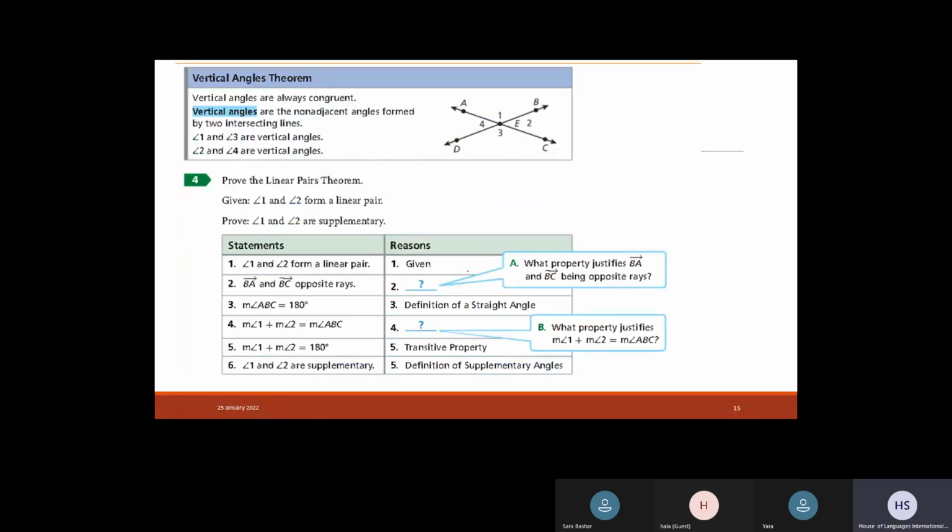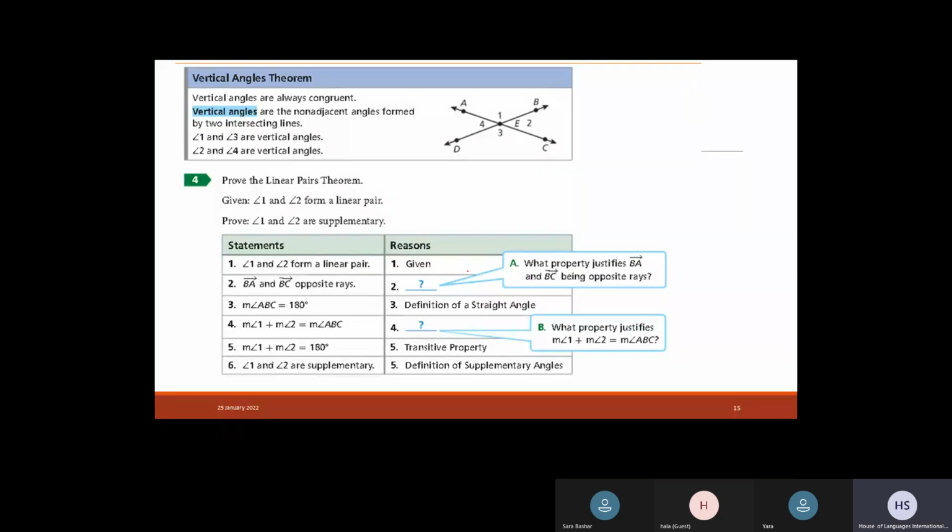Let's now revise the vertical angles. Vertical means that we have two intersecting lines. For two intersecting lines, angle 1 and angle 3 are equal. From the definition of congruent, if we have two angles and they are equal, can I say these two angles are congruent?